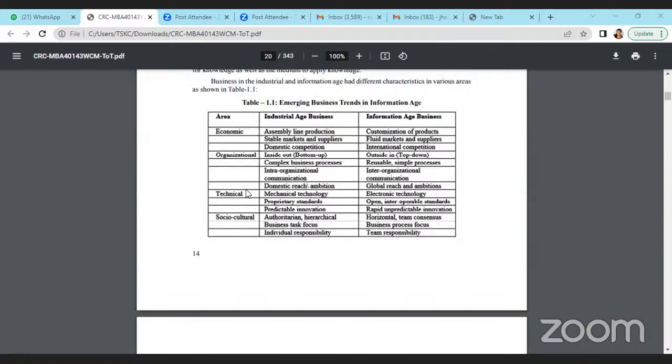Next, we have the organization: inside out, bottom up, with complex business processes and inter-organizational communication. When it goes to information age business, it is outside in, top down, reusable. They see to it that reusable and simple processes take place, and inter-organizational communication is done.